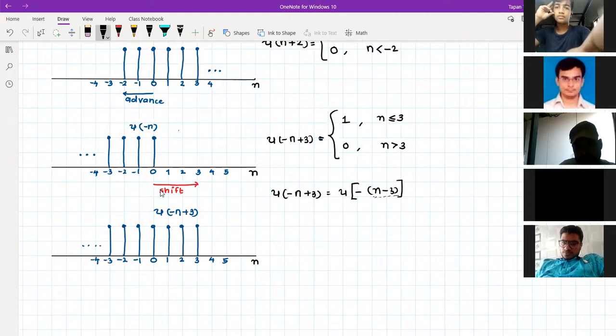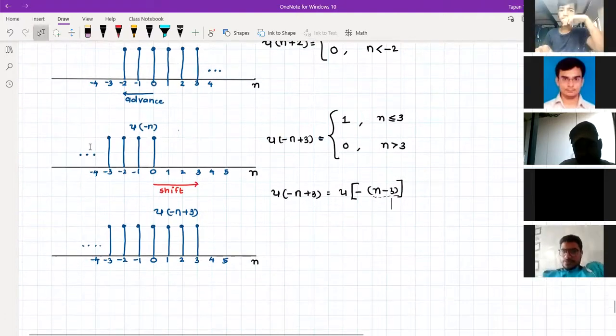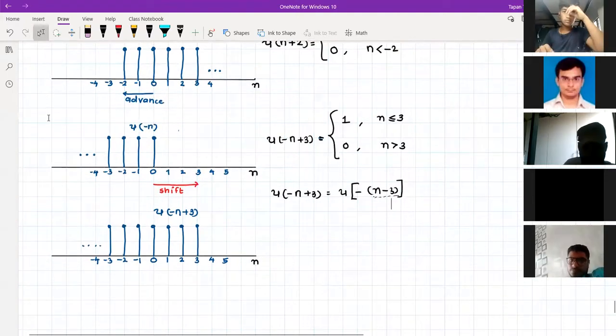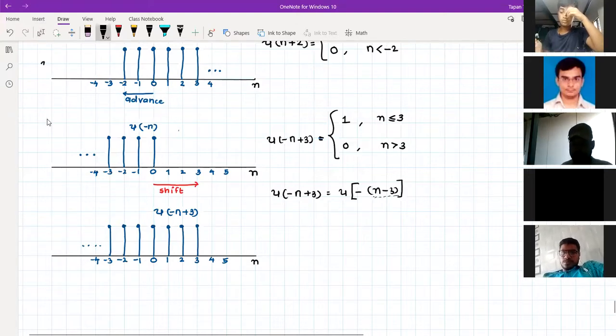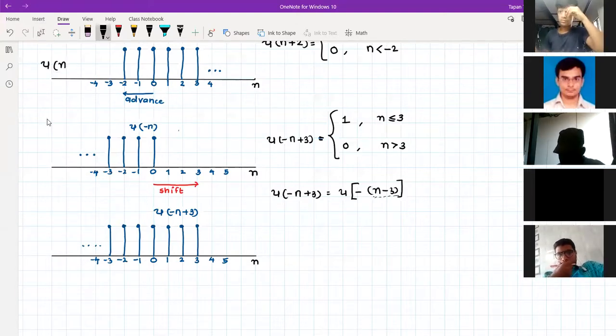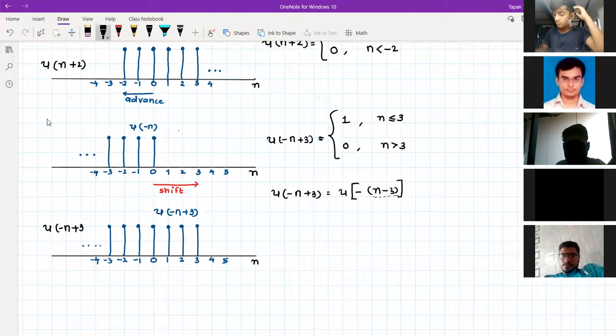Okay. Now you need to multiply this signal, which is u of n plus 2 and u of minus n plus 3. So multiplication is always done in an instantaneous manner.